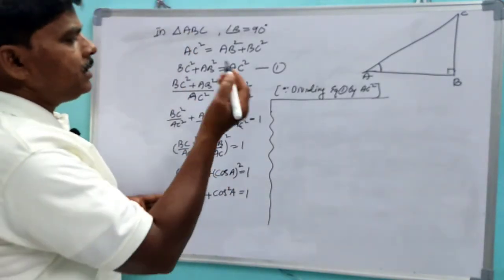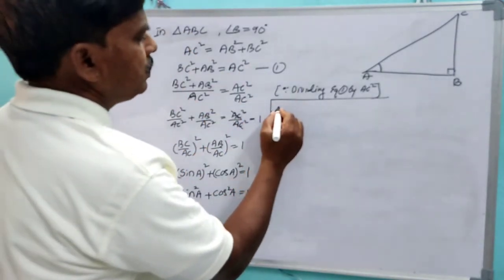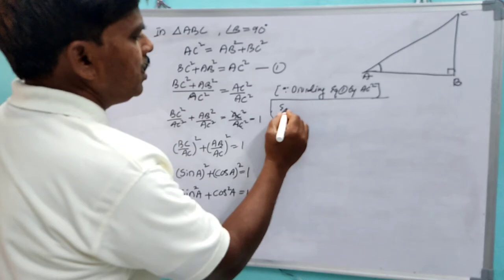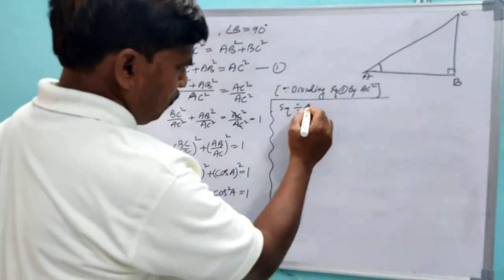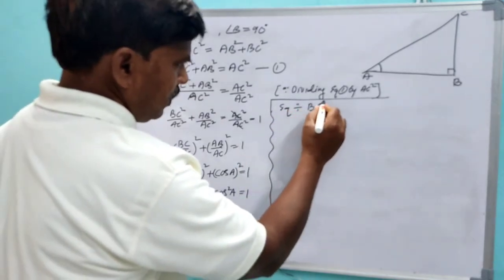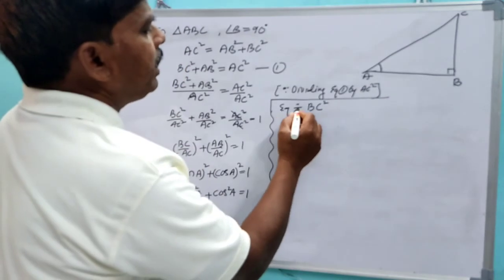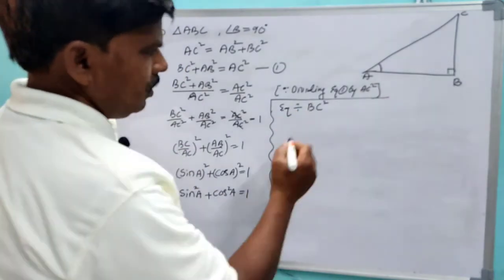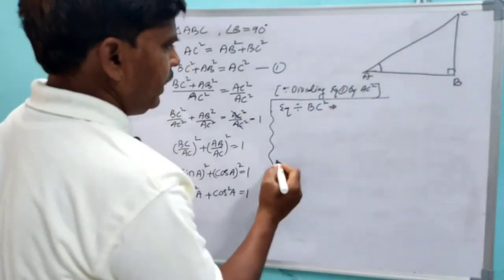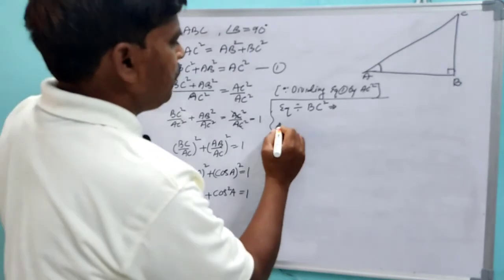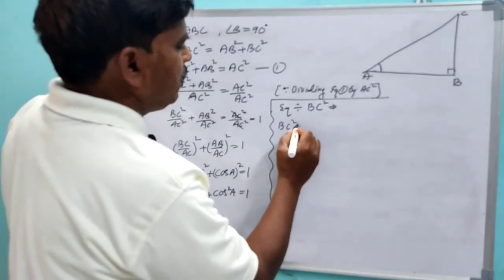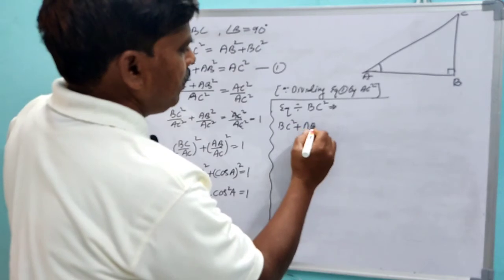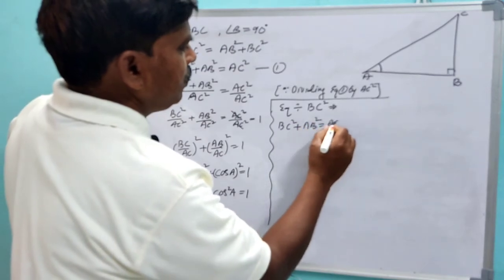Now dividing this equation 1 by BC square, what do we get? So this is equation 1: BC square plus AB square is equal to AC square.